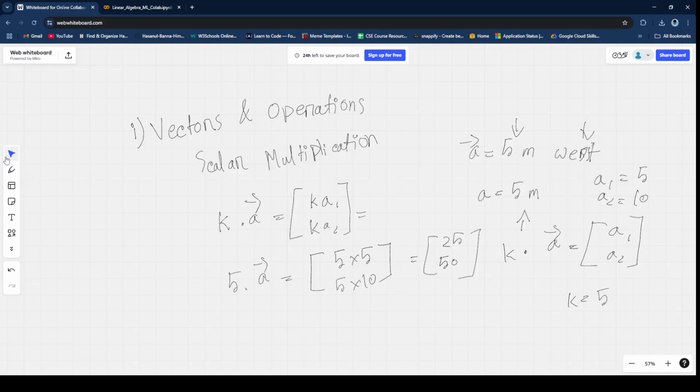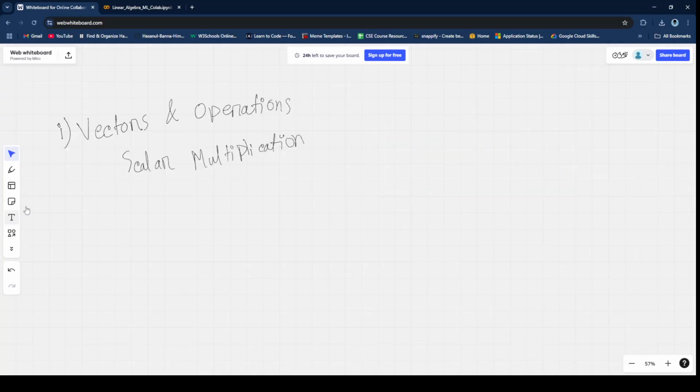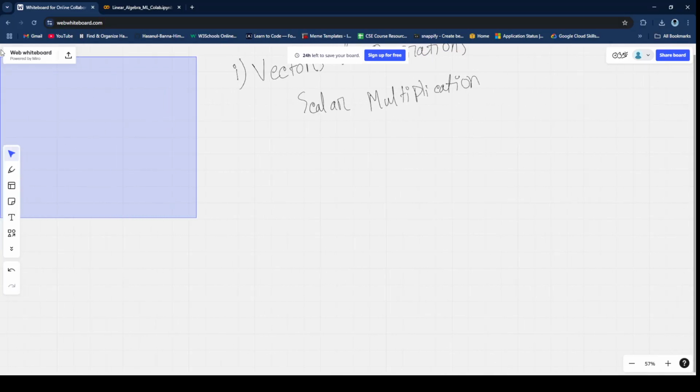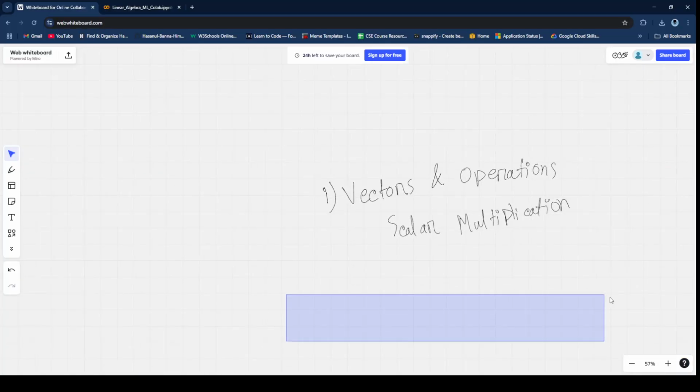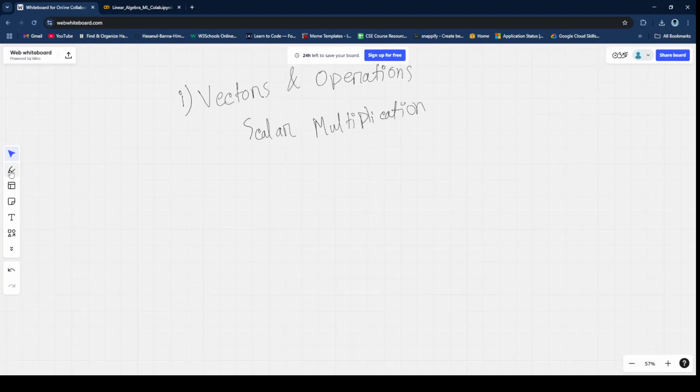Another thing, let me just erase it. Let's imagine if our k is greater than 1, it will stretch our vector.